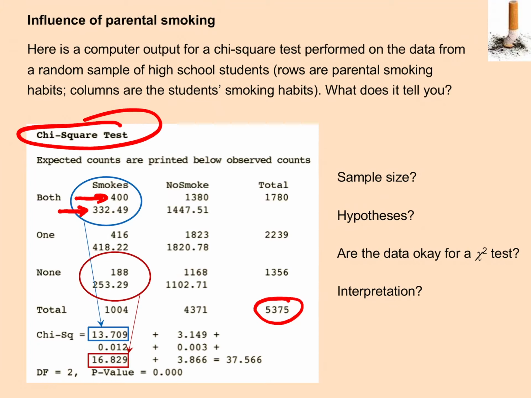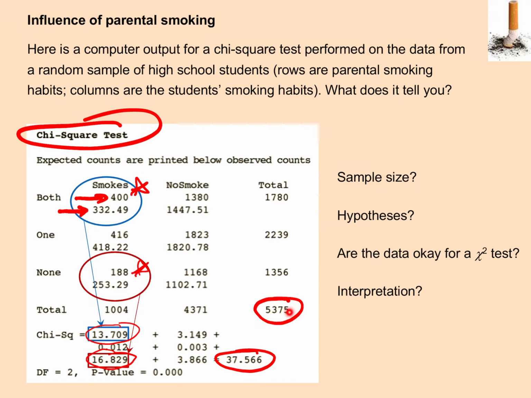And where you have the largest difference, that's where you get the largest contribution values. If you look, our overall chi-square is 37.6, and most of that comes from this comparison and this comparison. Those are the most different from what we expect.